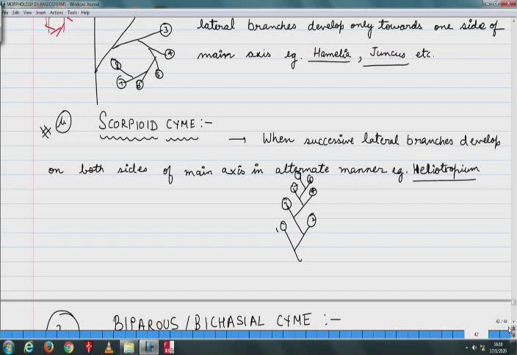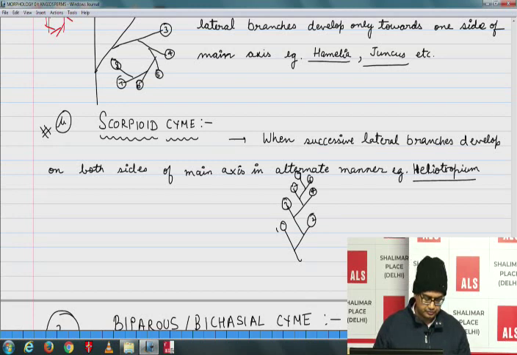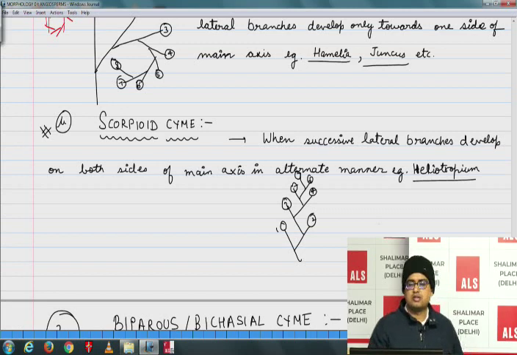Scorpioid cyme. What happens in scorpioid cyme? Successive lateral branches develop on both sides of the main axis in alternate fashion. So one flower comes like this and it stops.